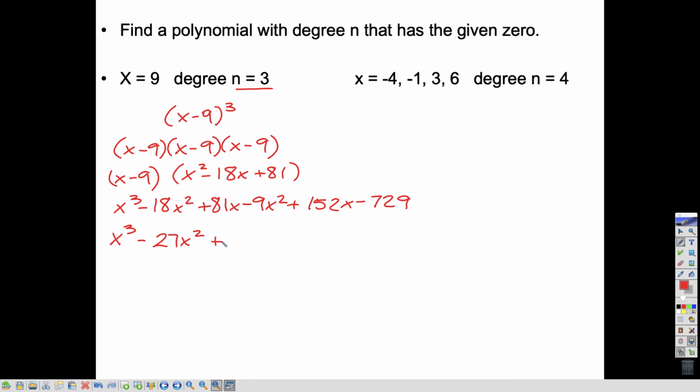Plus, I'm thinking I did my multiplication right. You guys can check. 243x minus 729. Okay, so you just have to take your time to multiply it out.